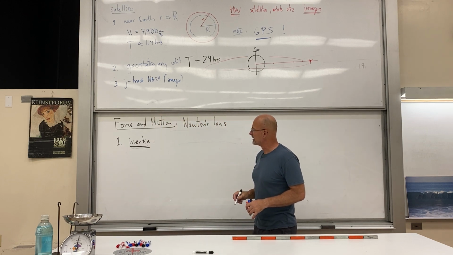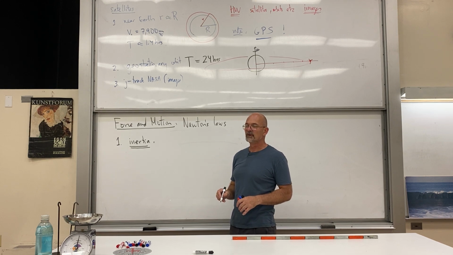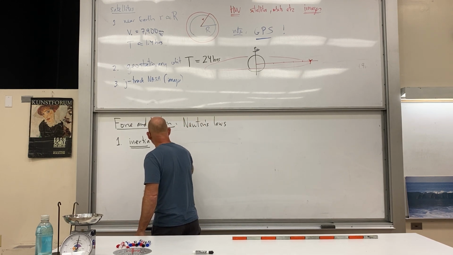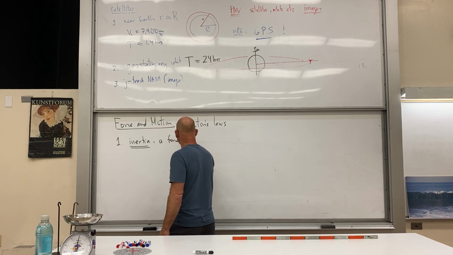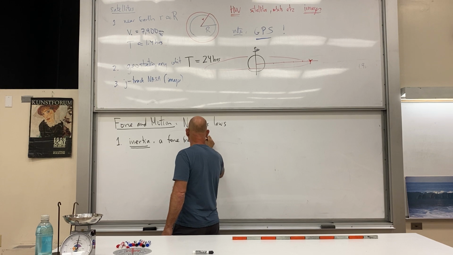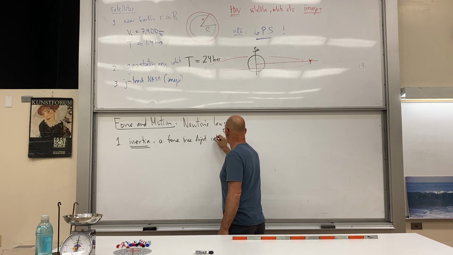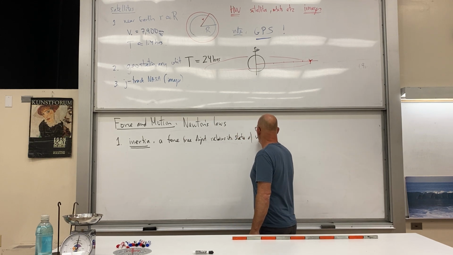Objects: a force-free object remains in its state of uniform motion. Just for the record, okay? An object without force on it, a force-free object, retains its state of uniform motion.